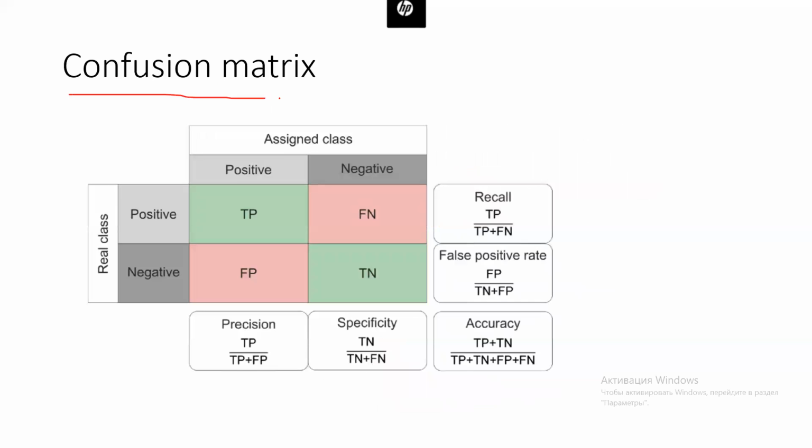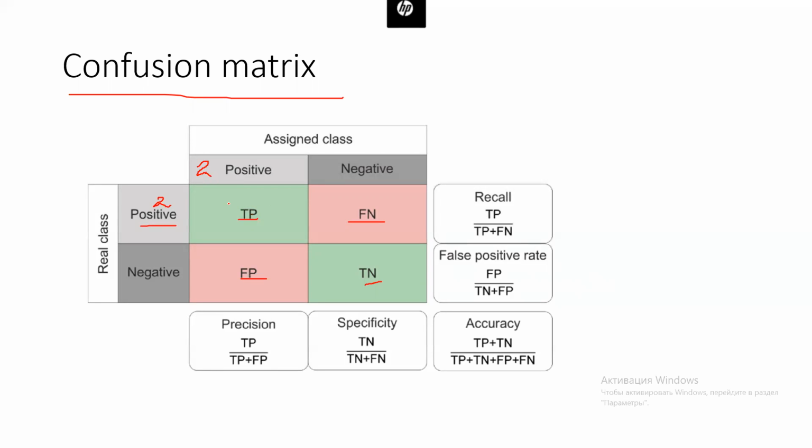It's called a confusion matrix. You calculate 4 values: the number of true positive observations, false negative, false positive, and true negative. What does it mean? If you have a real class positive, or class 2 in our case, and the assigned class is also 2, it means that you estimate your target correctly. It's a true positive value.